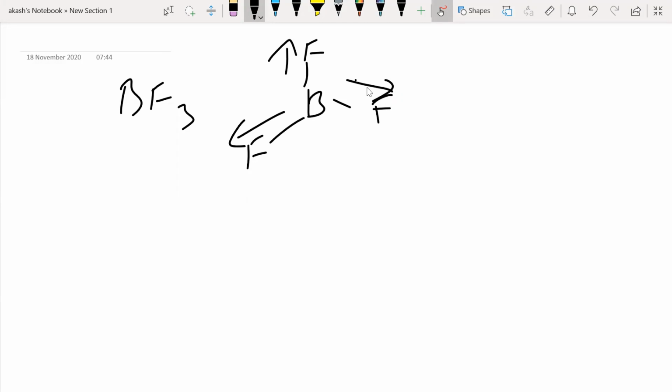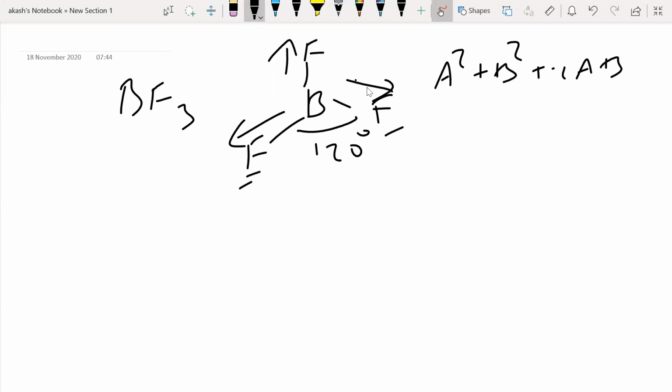But if you want to prove that it is going to be 0, what you have to do? You have to take the vector sum of this, right? So you have F and F about 120 degrees apart. You know how to calculate the vector sum, hopefully. If I want to calculate the magnitude for these two, hope you remember, it is a squared plus b squared plus 2ab cos theta.